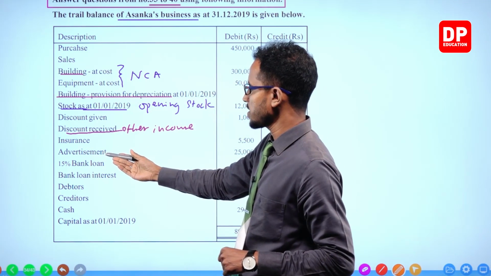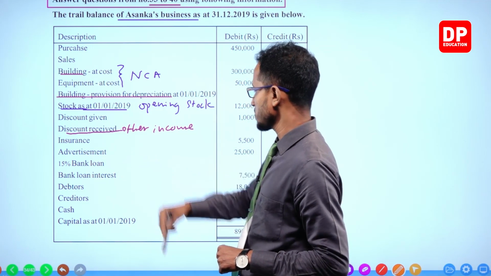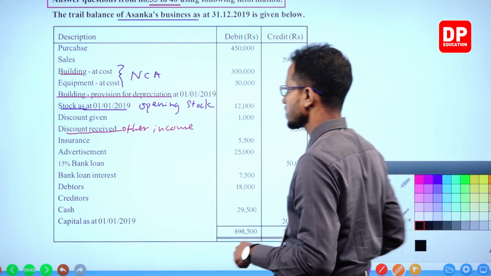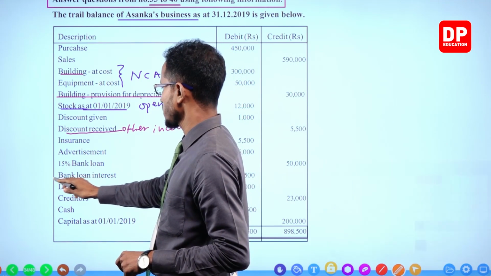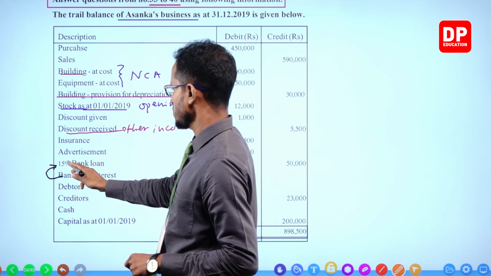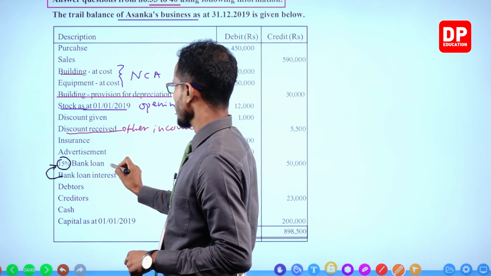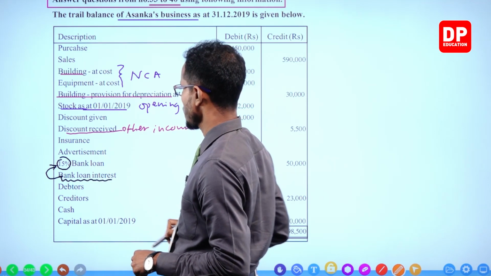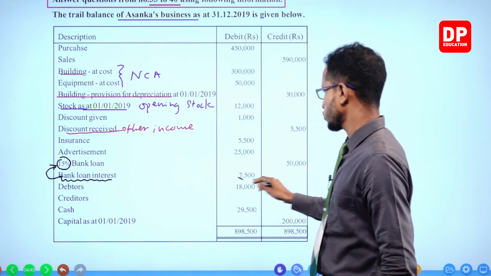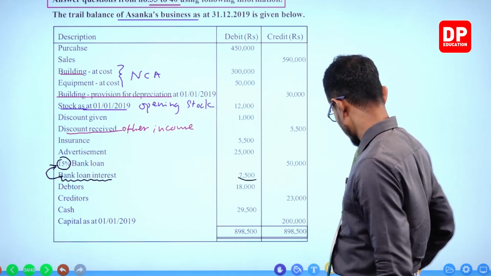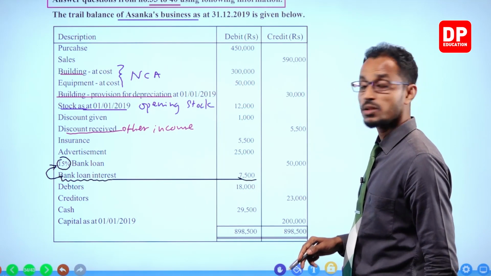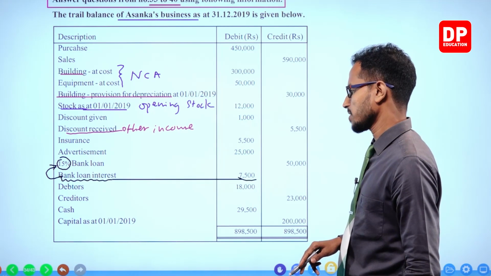Insurance, advertising, 15% bank loan. Oh, there's a bank loan adjustment. See, 15% bank loan is given, and the bank loan interest is also given. So there's going to be a question from that, definitely.